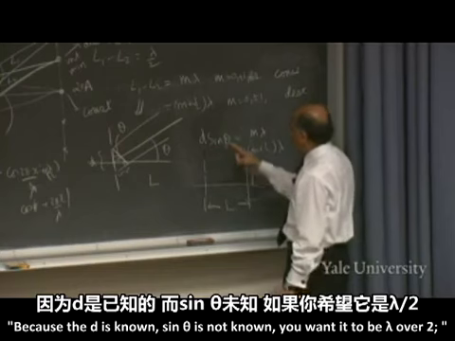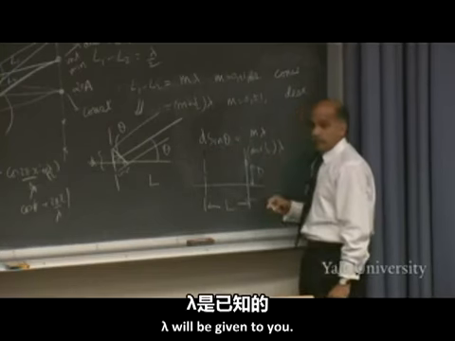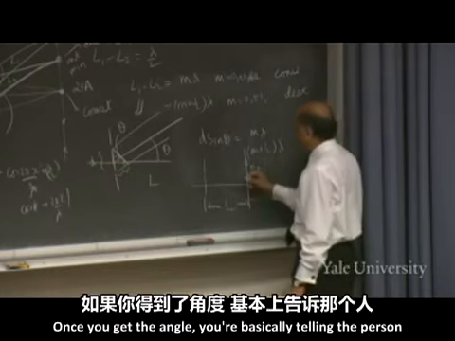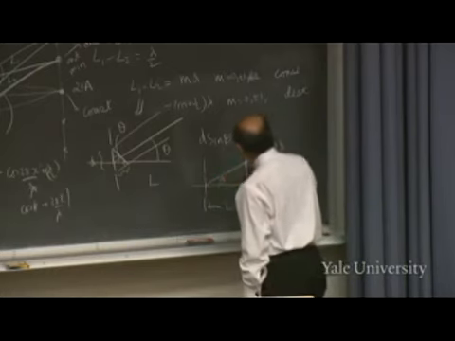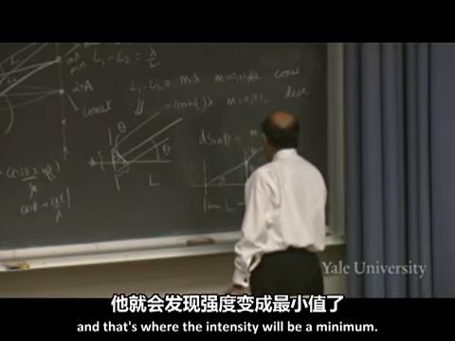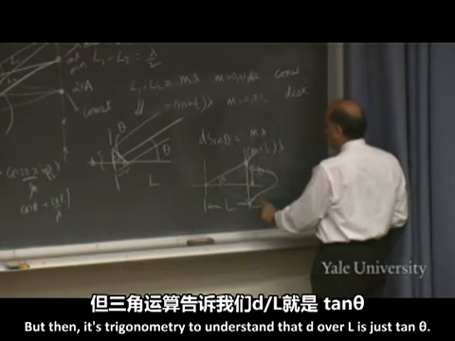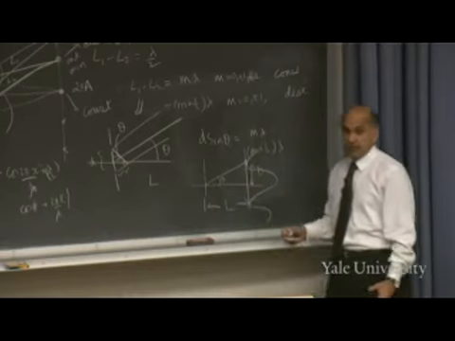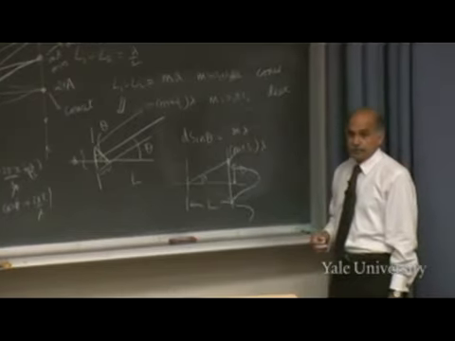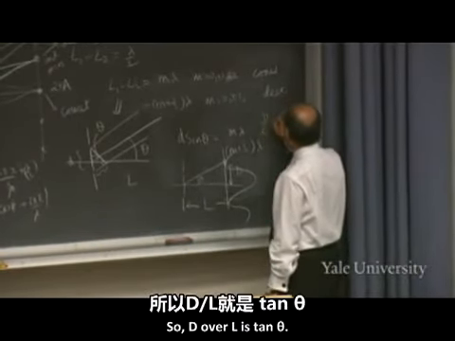Because d is known, sine theta is not known, you want it to be lambda over 2, lambda will be given to you. Once you get the angle, you're basically telling the person to go at that angle, and that's where the intensity will be a minimum. But then it's trigonometry to understand that d over L is just tan theta. So if you knew theta, you can find d over L. So d over L is tan theta.